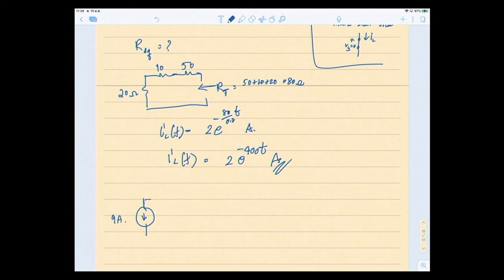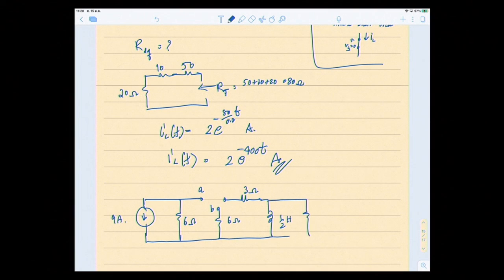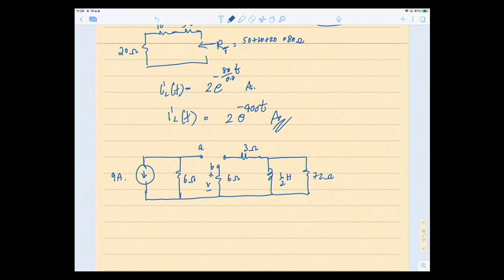9 amp, 6 ohms. This is an interesting problem.